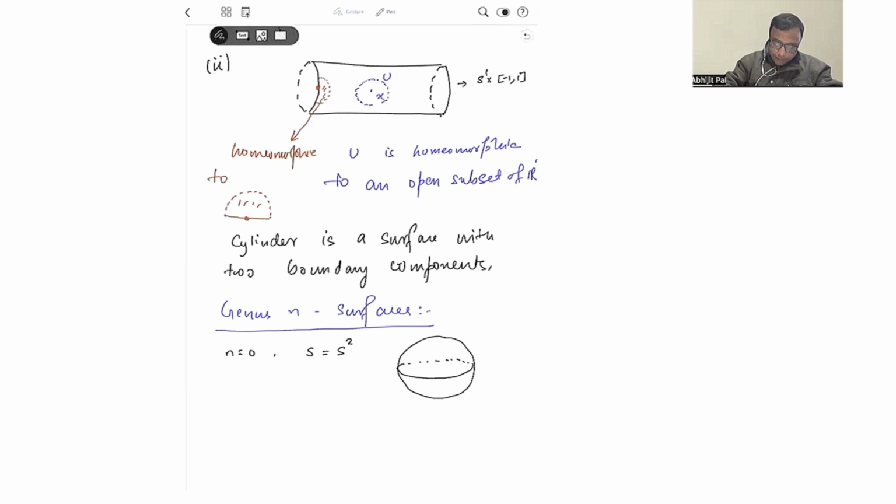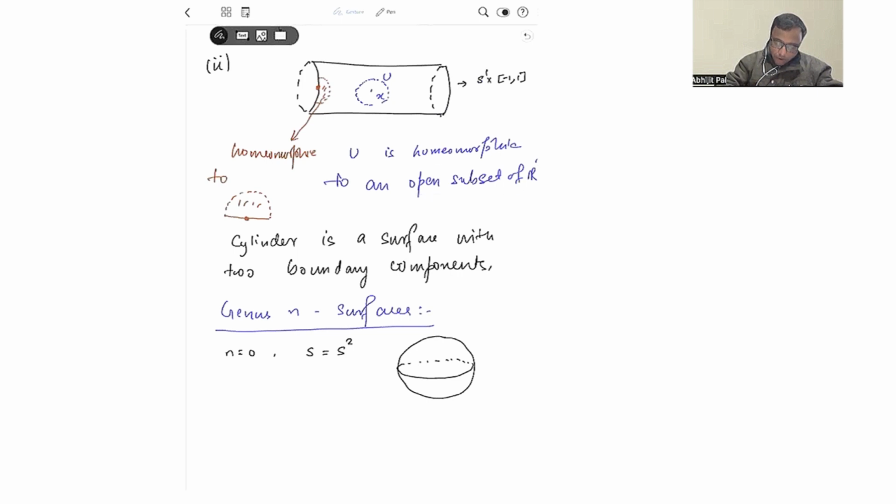So now if I take this point X here, then around this point you can get an open neighborhood U of this point X, such that U is homeomorphic to an open subset of R2.